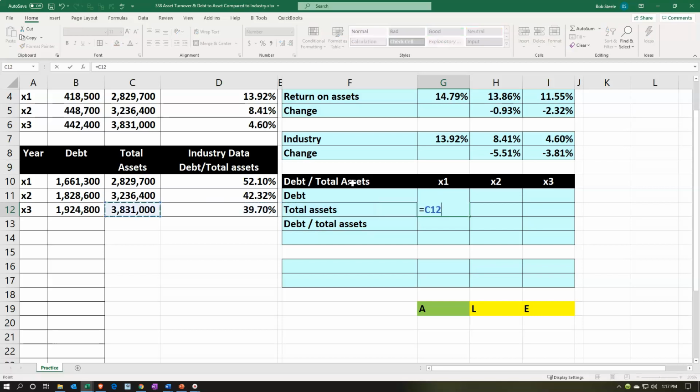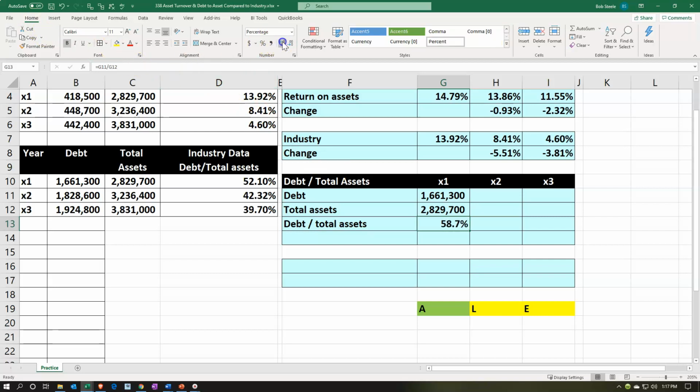Total assets, we're saying, are 297. If we divide that out, we're going to say debt divided by the total assets. We'll then make a percent, home tab, numbers, percent. We can add some decimals. We could, of course, add more decimals. I'm going to stop it then at 2 decimals once again.